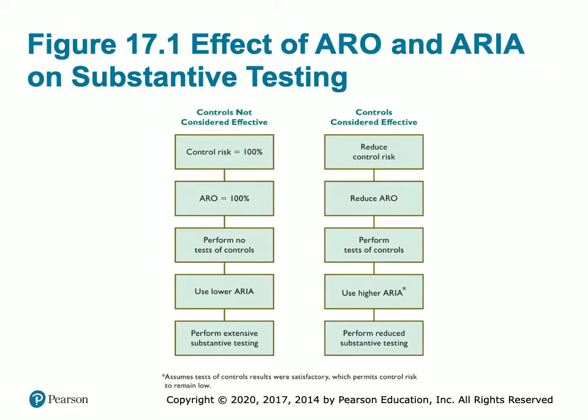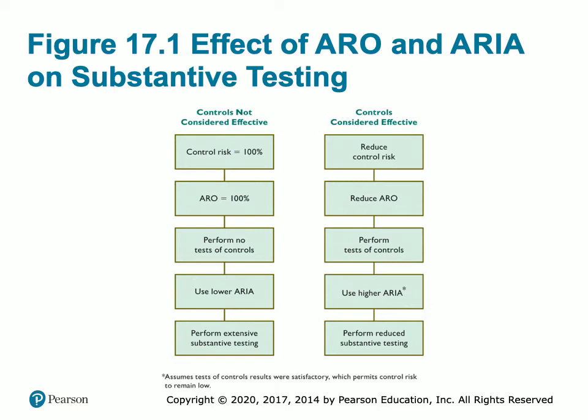So all this ties back to the audit risk model again, right? If control risk is not effective, then you're going to do more substantive procedures. And you can see at the very bottom of the diagram, extensive substantive testing is required if control risk is 1 or 100%.